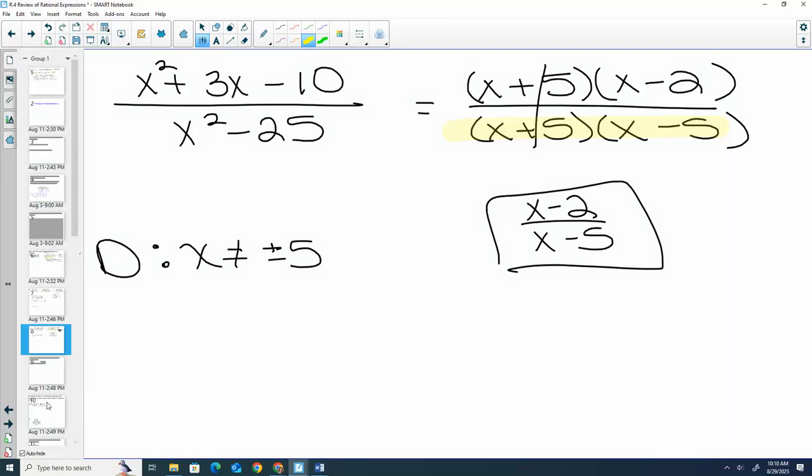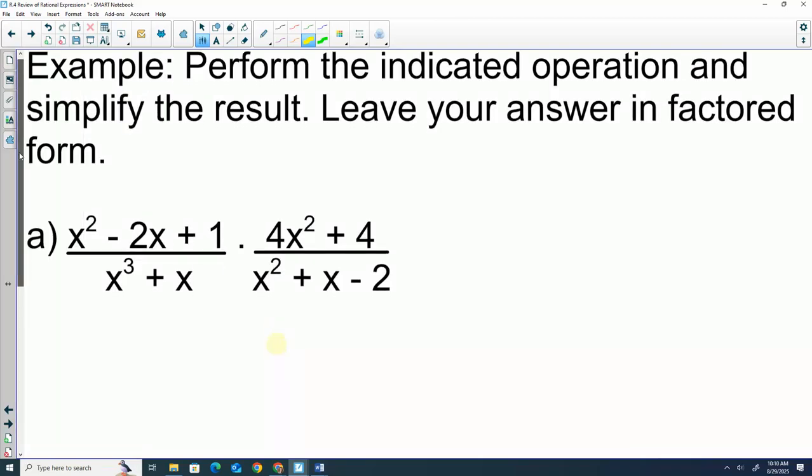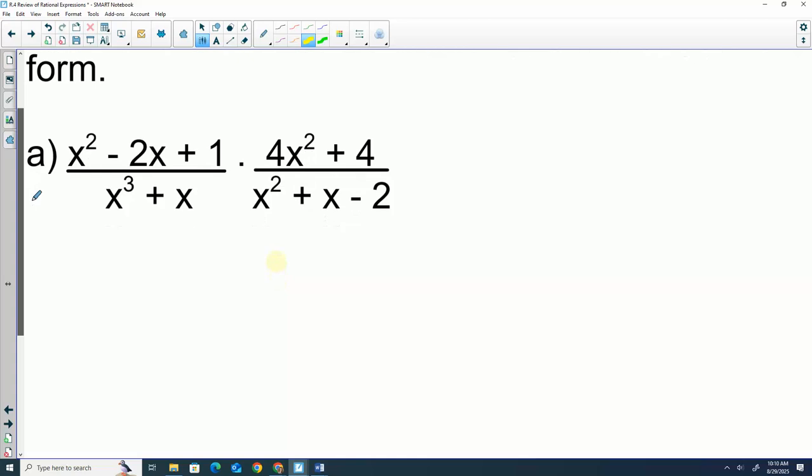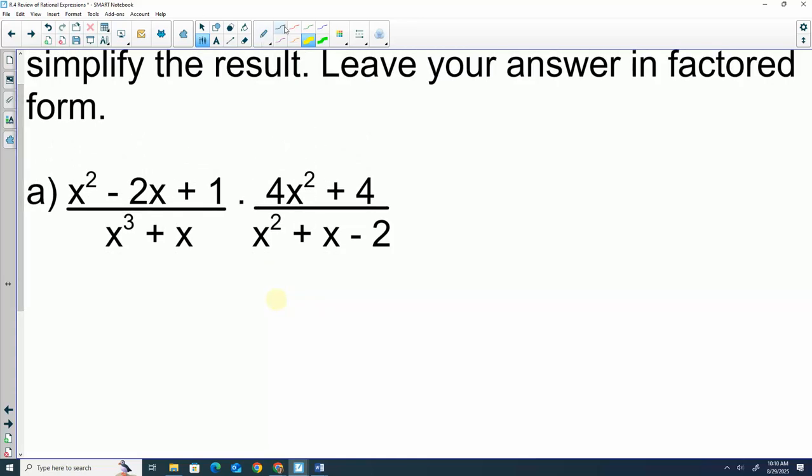So let's say I gave you this one. We're just going to multiply and leave our answer in factored form. If I just start multiplying here, there is going to be a whole lot of distributing going on, and I'm going to end up with x to the 4th, x to the 5th, and then have to turn around and try to factor that.